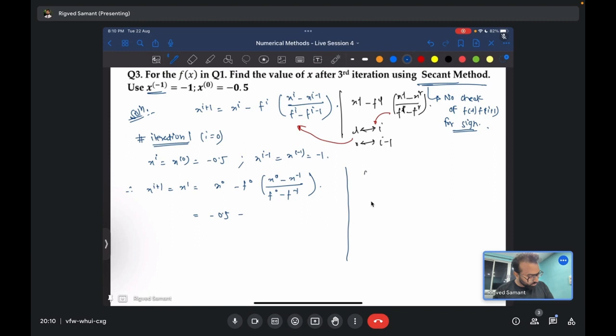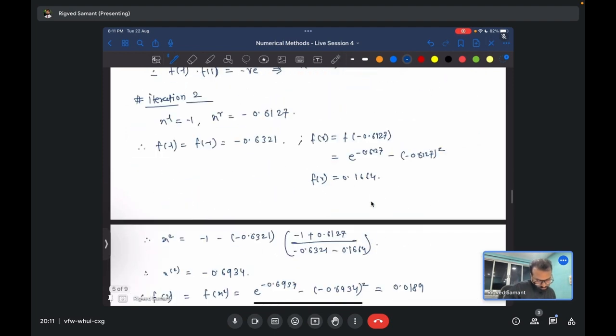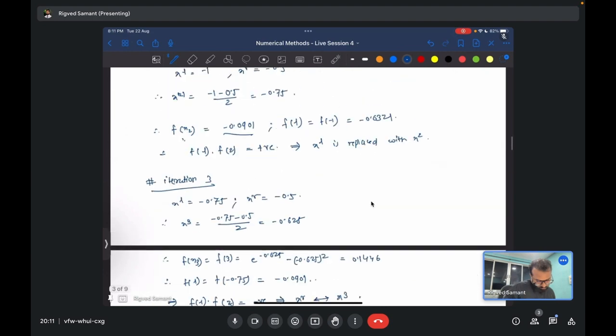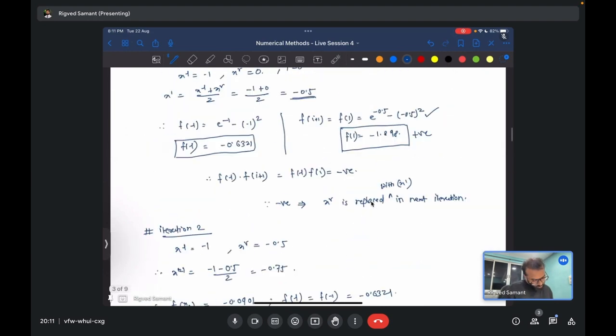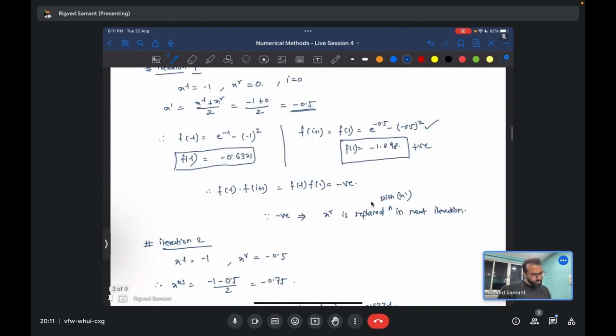So first we'll have to find f of 0. F of 0, that is f of minus 0.5, so e raised to minus 0.5 minus 0.5 square. This we had calculated somewhere. F of minus 0.5, this is minus 1.898.